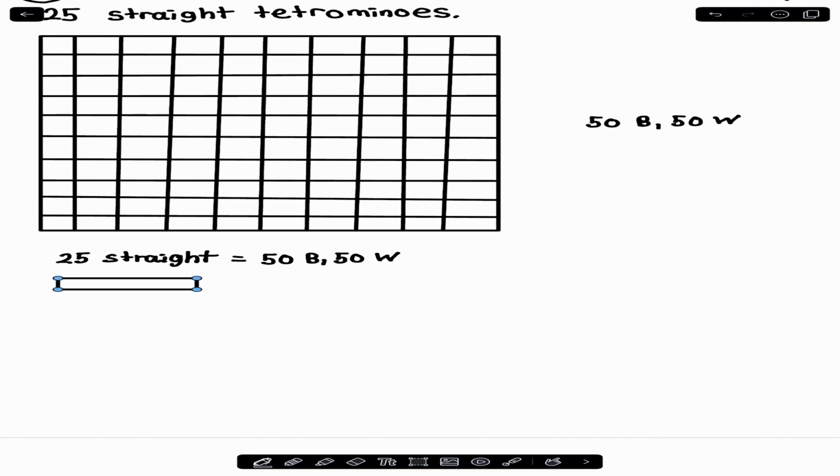Because a straight tetramino looks like this. And we know that the chessboard is colored something like this, alternating black and white. So if we have 25 copies of these, well then it should work out, right? We should get 50 black and 50 white.